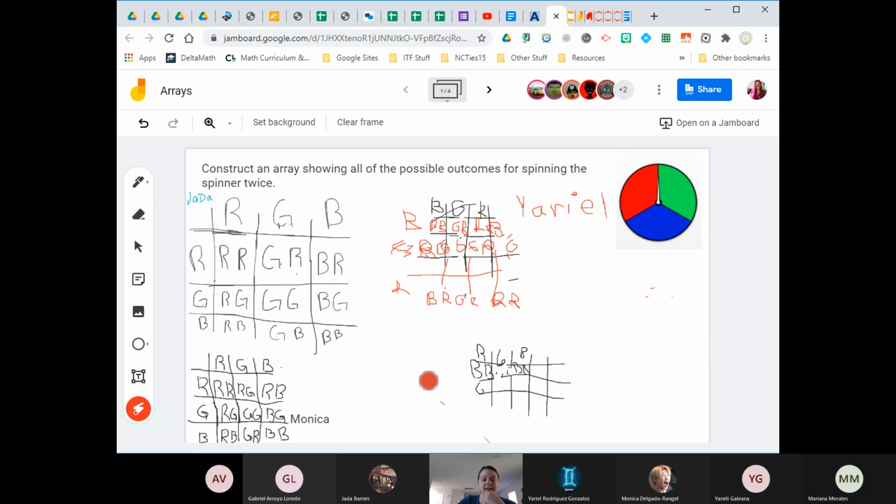How many times do we see red and blue together in our array? Okay, there is one, but there's also a second one. Okay, right, 2/9.